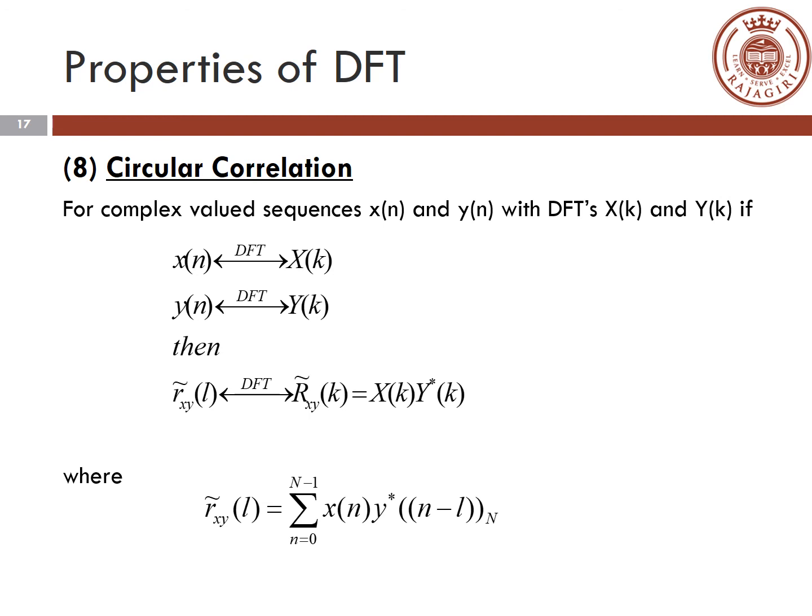So if the two signals are circularly convolved, then it's going to be multiplication, that is x of k into y of k. And if they are circularly correlated, then their DFTs are going to be x of k into y conjugate of k. So that is the circular correlation property, and this is what the property tells you.